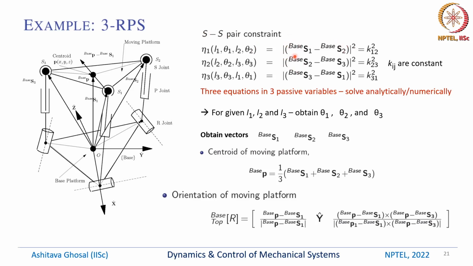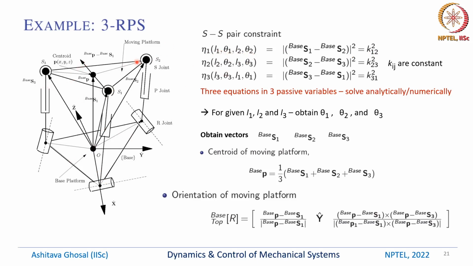The magnitude of base S1 minus base S2, whole squared, is denoted as K12 squared. The vector from O to S1 will contain L1 and theta 1, and the vector from O to S2 will contain L2 and theta 2. So this constraint equation will be a function of L1, L2, theta 1, theta 2.